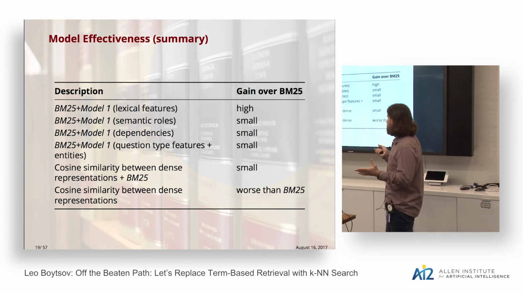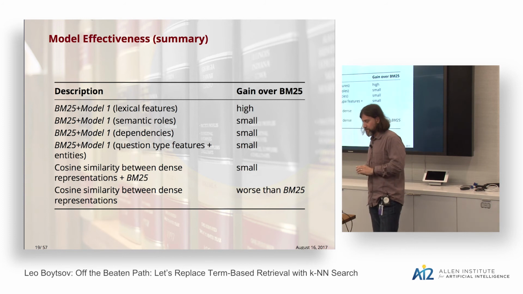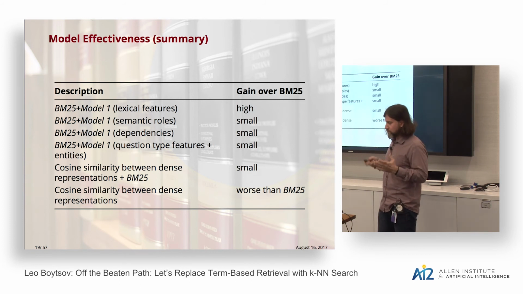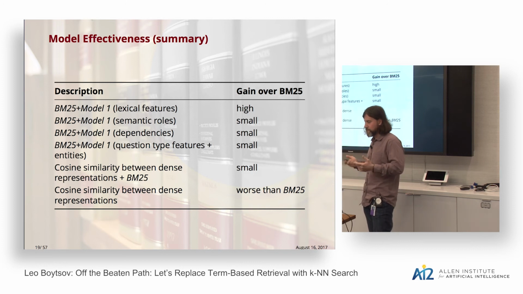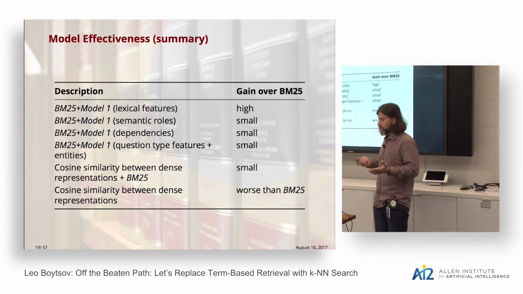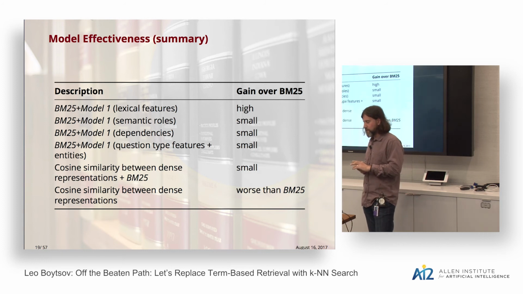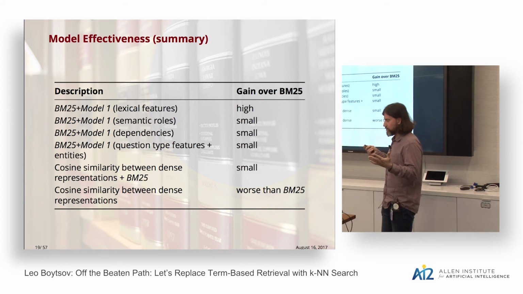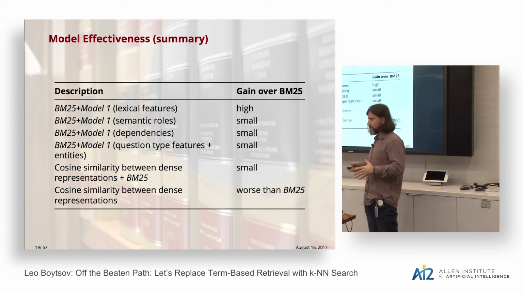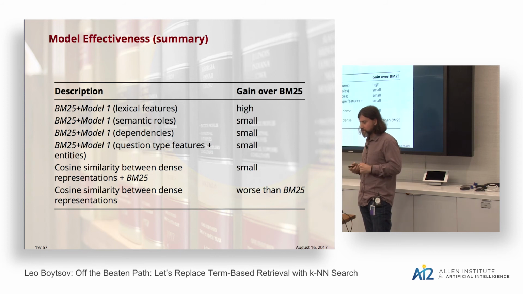I tried a combination of BM25 plus Model 1 for different textual representations, for representations that use only lexical features, and for representations that use linguistically motivated features such as semantic role labels and dependencies. I tried question type features, and I hoped that Model 1 would find associations between question types or focus words and entities extracted from passages.